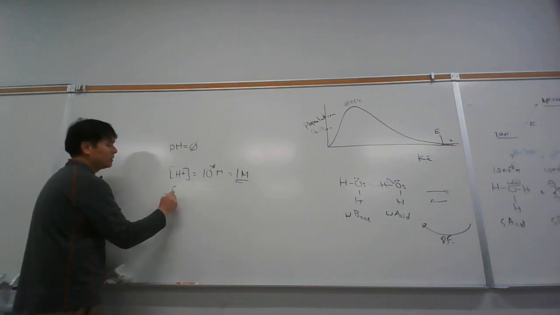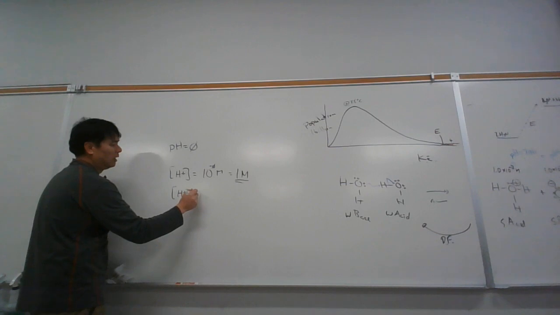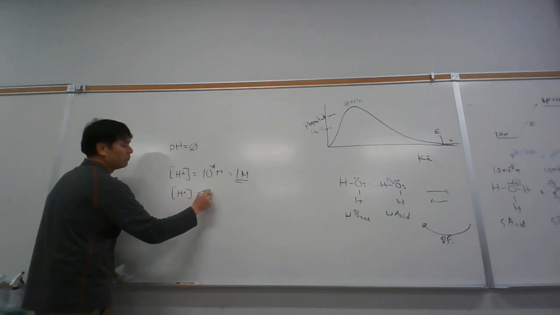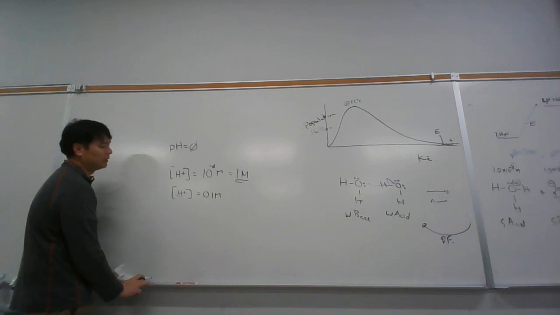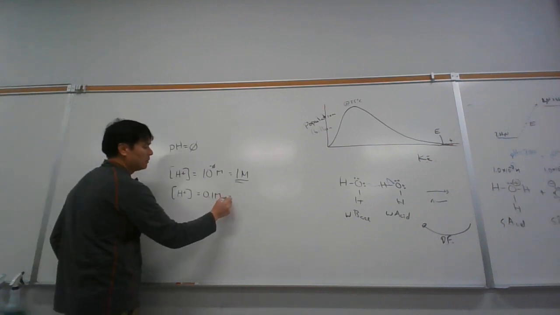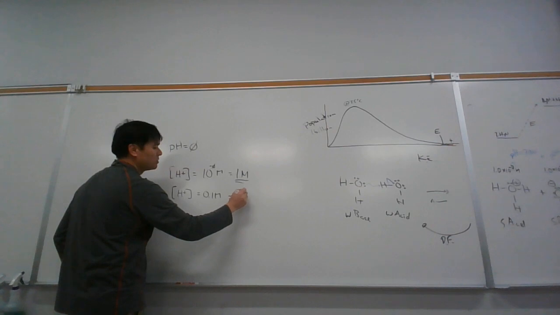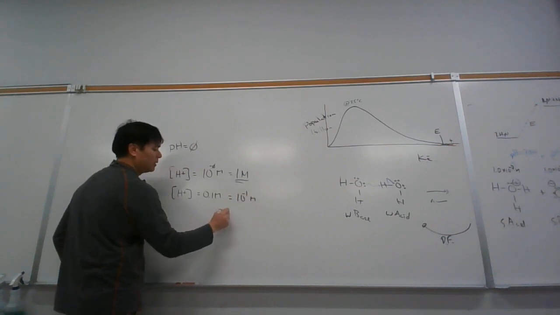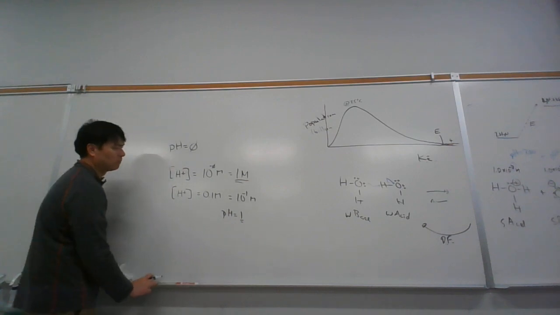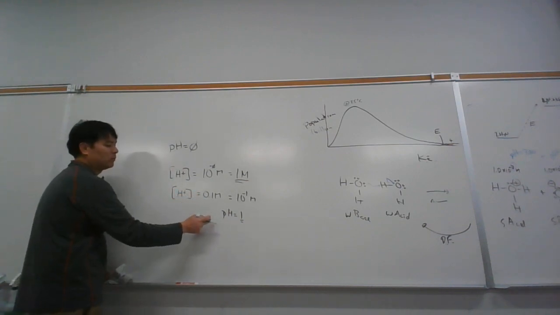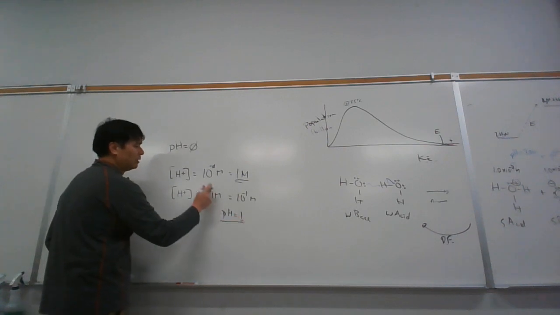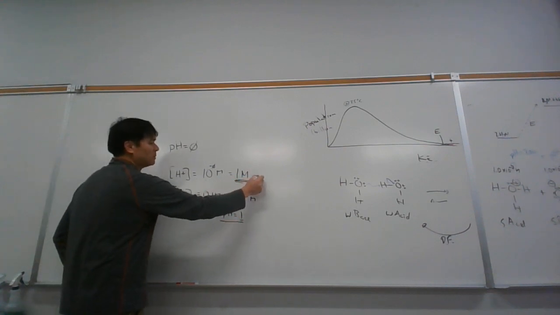If I have the H plus concentration of 0.1 molar, what would the pH be? Well, 0.1 molar would be 10 to the minus 1 molar, and therefore the pH would be 1. So 0.1 molar has a pH of 1. 1 molar has a pH of 0.